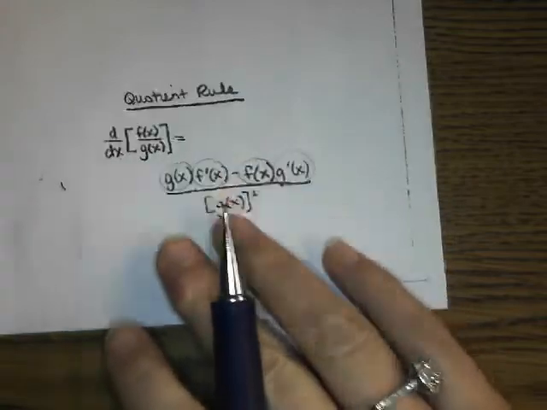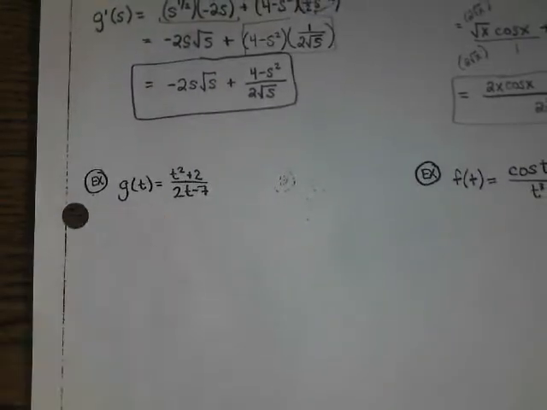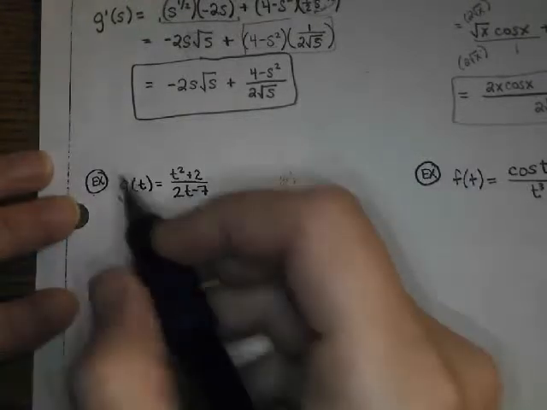So if we jump to that first example, the key here is organization, writing neatly, algebra skills, to make sure you're simplifying things appropriately when we get there. But for starters, we're just going to plug in appropriately. So we have our bottom.